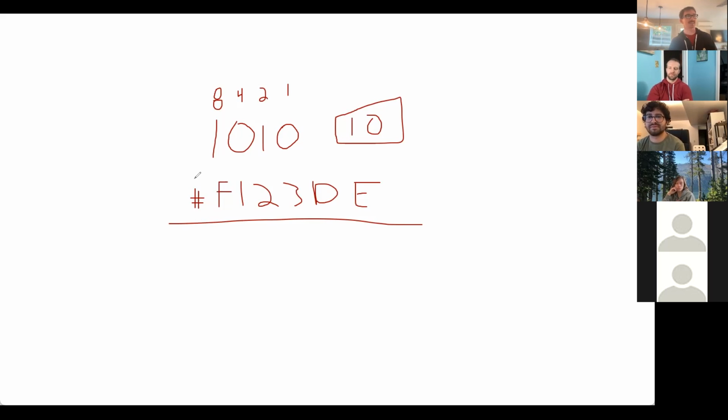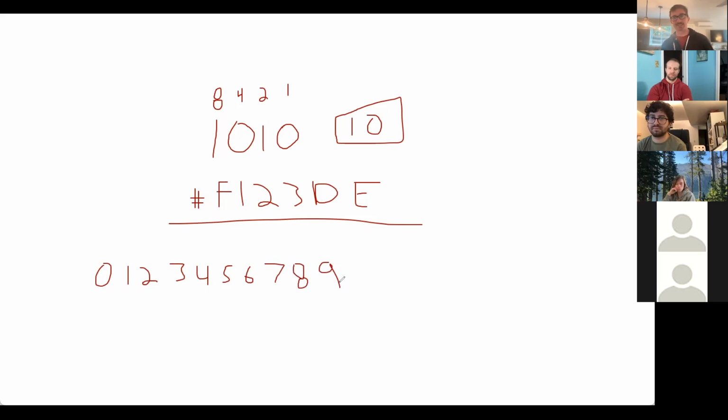Yeah, this is hexadecimal. Hexadecimal is a number system that has 16 numbers. So it has 0, 1, 2, 3, 4, 5, 6, 7, 8, 9. It has 16 numbers.